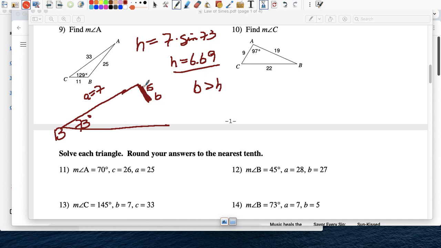That's dangling, right? Is that greater than the height? Is 5 greater than 6.69? No. And is that 5, which is b, greater than a in this case? No, because b is 5, and that's not greater than 7, so that's also no. So in this case, I cannot make a triangle.